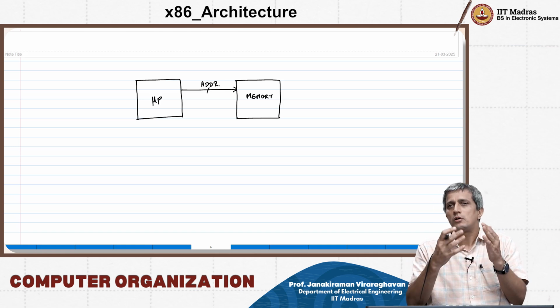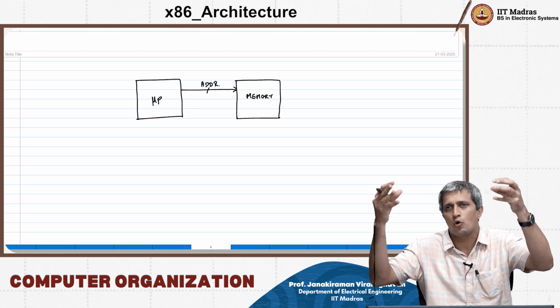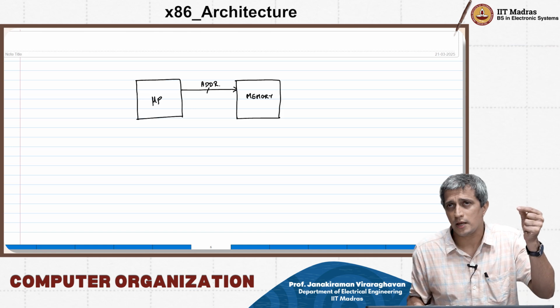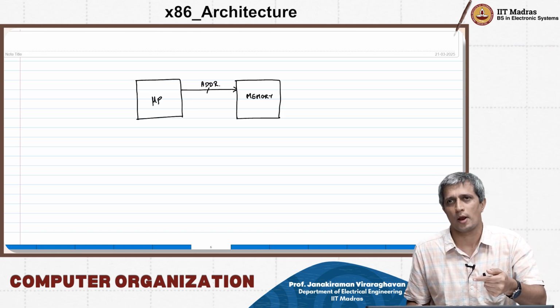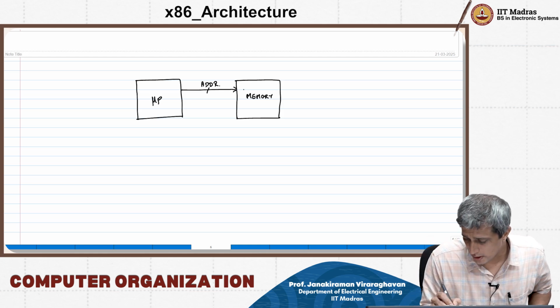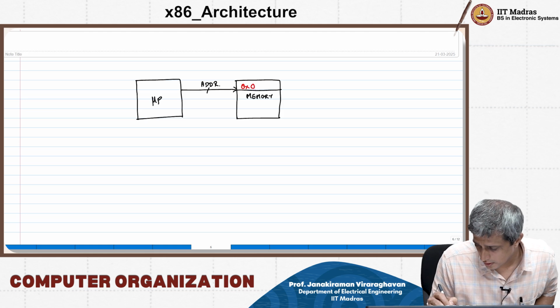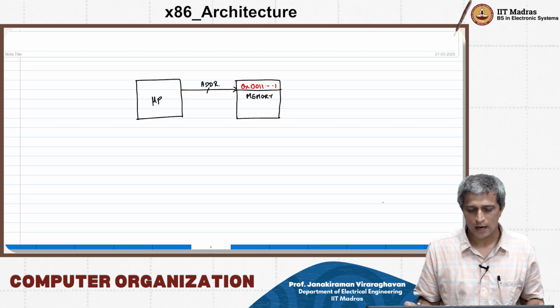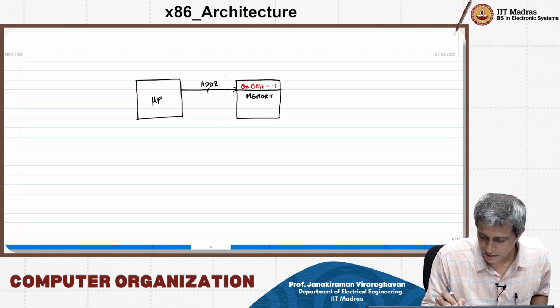You are going to store some binary encoding of an instruction in the memory, and you are going to tell the microprocessor, start at this location and start executing this program. For example, in this memory, I could have 0x0011 something.